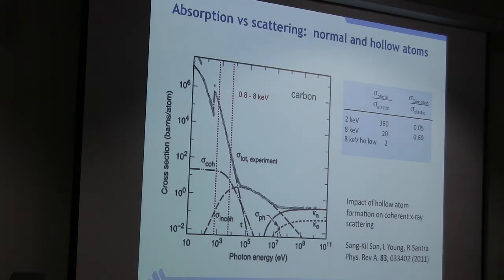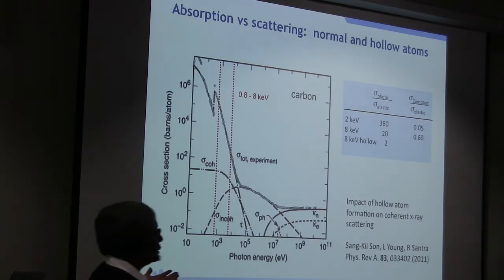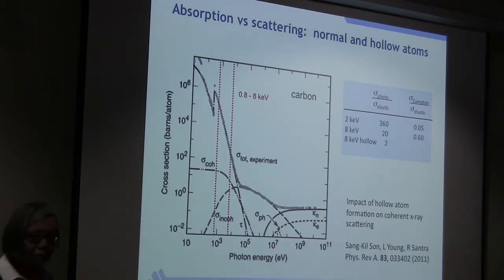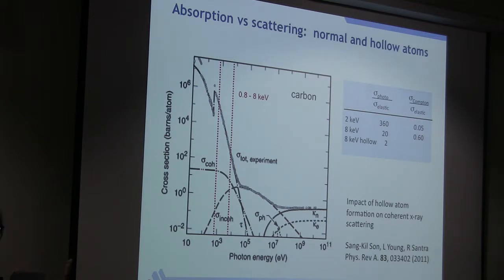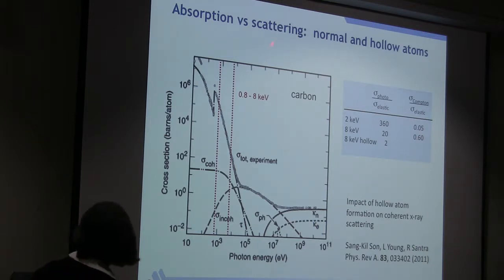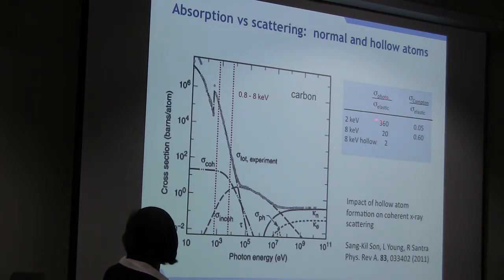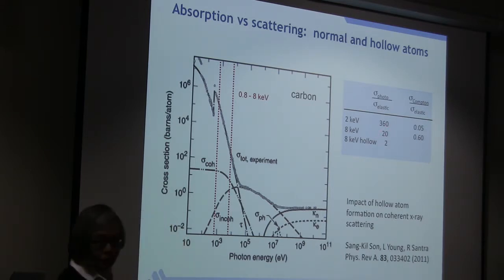But then we were interested: if you've made all these hollow atoms, what's that going to do to all this scattering, this whole coherent diffractive imaging business? Is that going to do something bad? Turns out, not so bad. If you take a look at the ratio of the absorption to the elastic scattering, say at a photon energy where you might actually want to do one of these experiments, for normal carbon that ratio is 20, and for the hollow it's only 2.